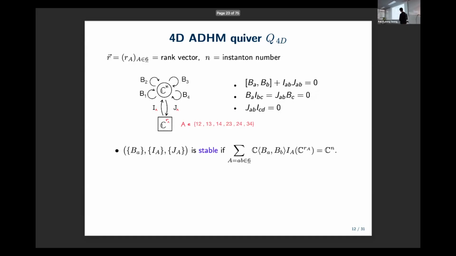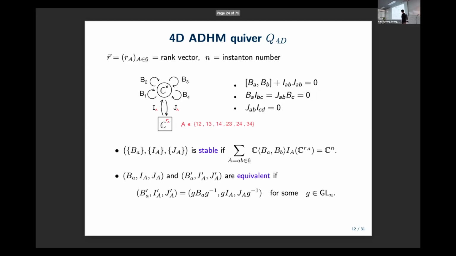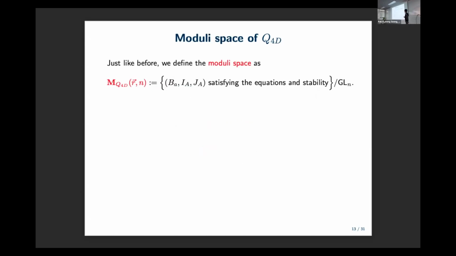Okay, and as before, we have a notion of a stability condition, meaning that the center vertex is generated by the image of I and sufficient multiplication of the B's, and then they are considered equivalent if they are the same up to automorphism of the center vertex C^n. And we can define a moduli space in this way by considering solutions of all B_i, I_a, J_a satisfying the equation and stability, up to the notion of equivalence.